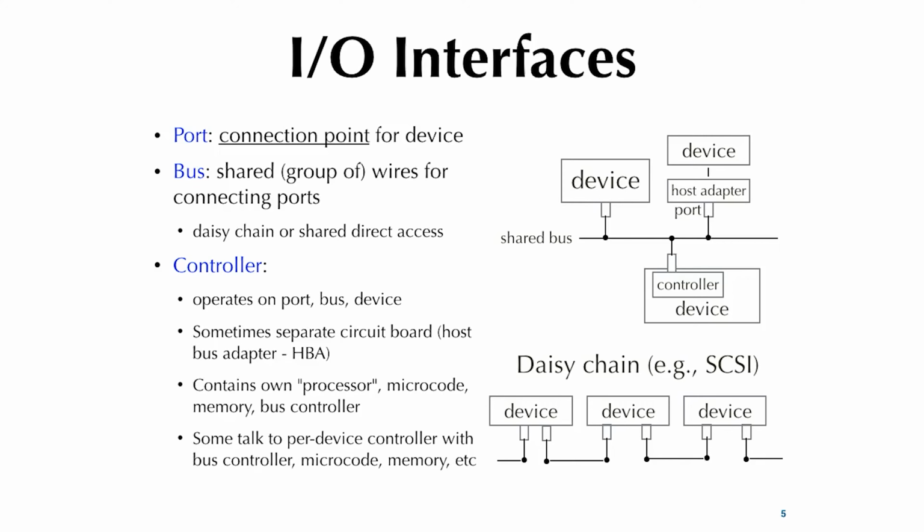If it's one that deals with the bus, or sits between the bus and the device, it's usually called a host bus adapter, right? HBA, or sometimes just host adapter. So what you need to do from the processor is, you don't talk directly to a device. You send commands or transfer data on the bus.